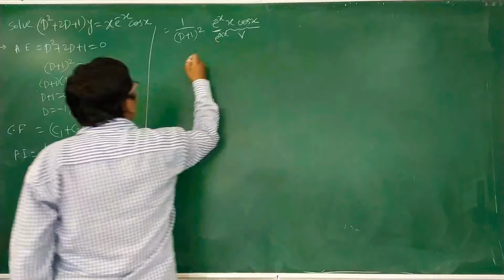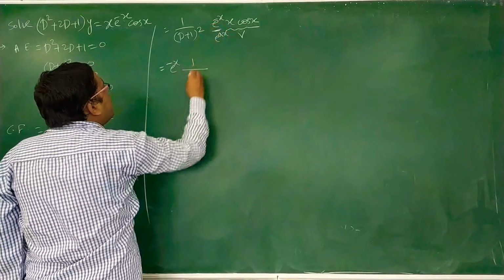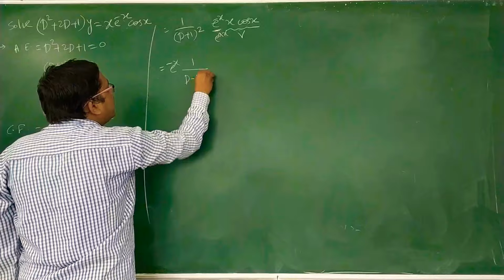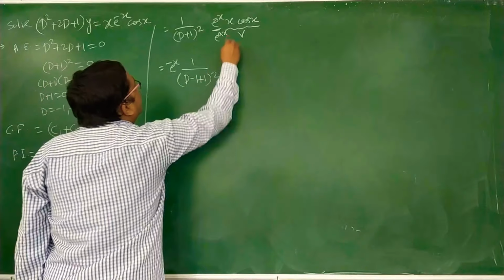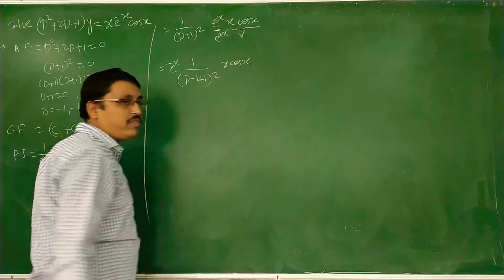Applying this rule, e^(-x) goes outside, then replace D by D + a. The value of a is -1, so replace D by D - 1, and this +1 as it is, bracket squared, and V is x cos x.